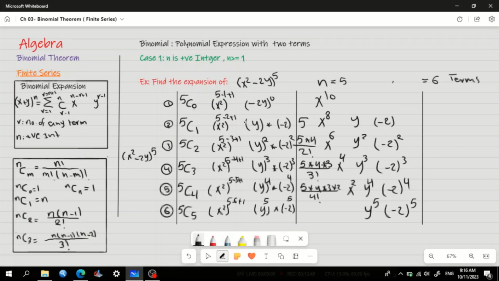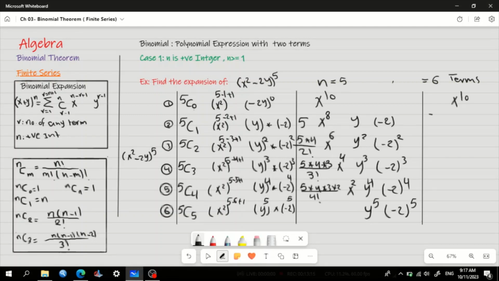Okay, so let me write the last result here. x power 10 plus, here we have negative 2 into 5, so we have here negative 10, sorry, let me change the sign.